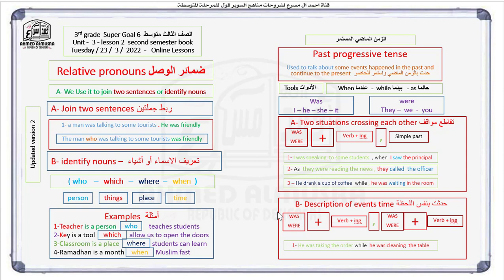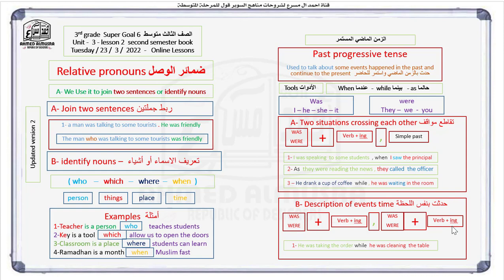Let's see the second one, which is description of events at the same time. If I want to describe two actions happening at the same time using the past progressive tense, I'm going to double the main structure, the original structure of the past progressive tense. So look here: was, were plus verb plus ing, comma, was, were plus verb plus ing.